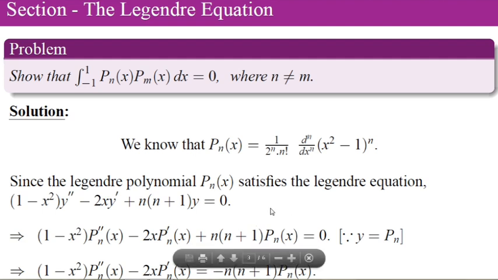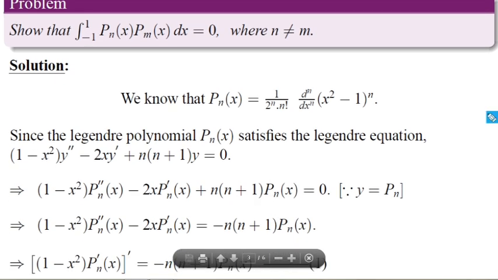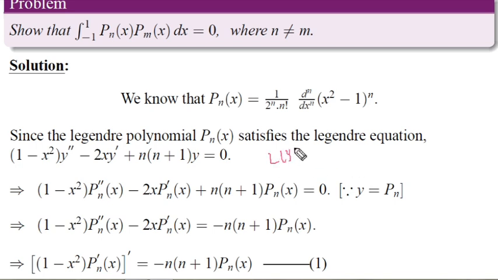If L of y equal to 0 and phi is the solution, we already know that L of phi equal to 0. So we substitute this solution Pn of x in this equation.